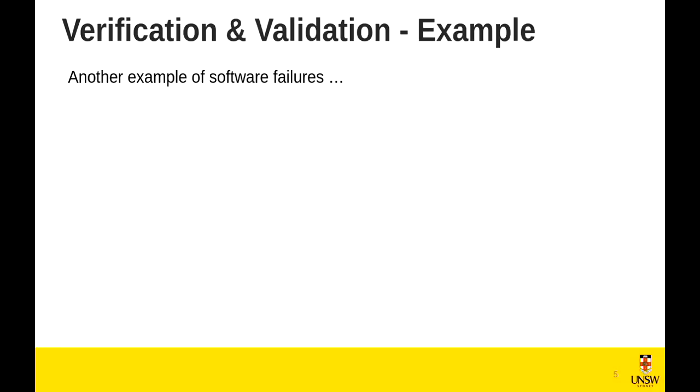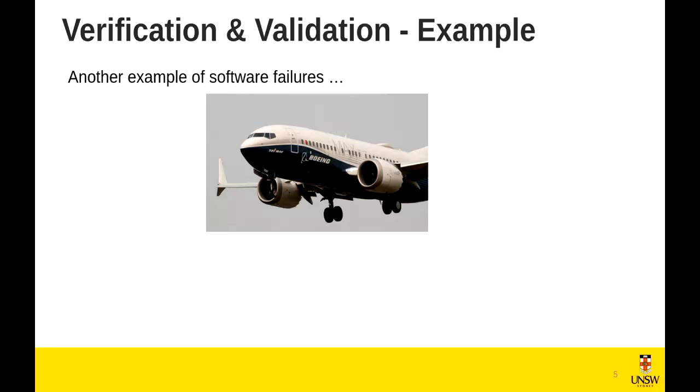This example is actually from a tragedy. In our last lecture, we learned that software failures could end up in very severe consequences. Have you heard about the case of the Boeing 737 MAX? You all have heard about it, right?